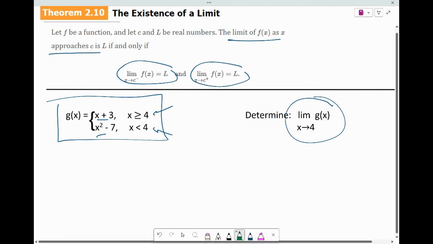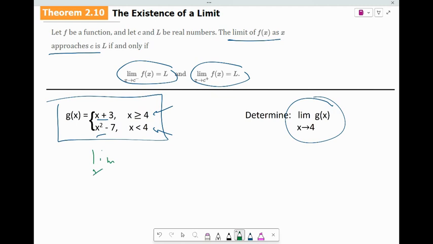So rather than drawing a graph and trying to answer this visually, we can make this a limit question, right? The limit as x approaches 4 from the right of g of x.